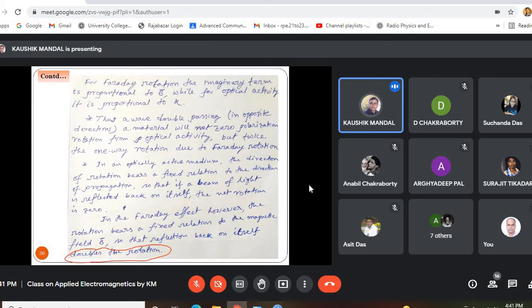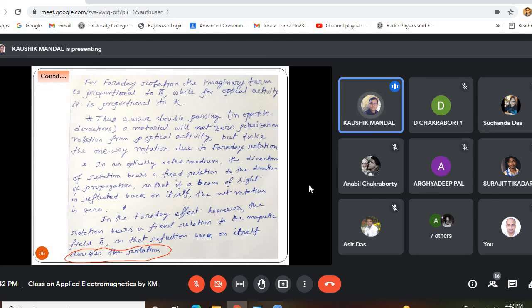Normally, an optically active medium means the rotation of the plane of polarization is proportional to the direction of propagation, and it depends on the length or the depth of the propagation. Whereas in case of Faraday rotation, we are considering the propagation under the influence of an applied static magnetic field.